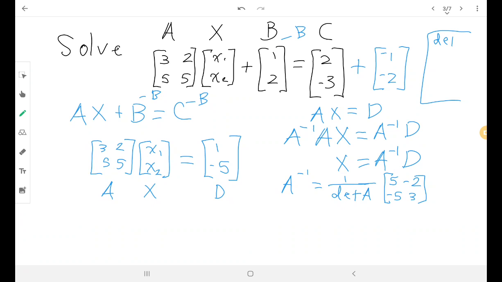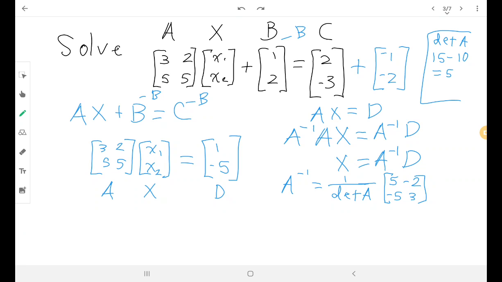The determinant of A is, let's see, we do 3 times 5, so it's 15, minus 2 times 5 is 10, so the determinant is 5, because you do these two multiplied minus these two multiplied. That's how we get the determinant.